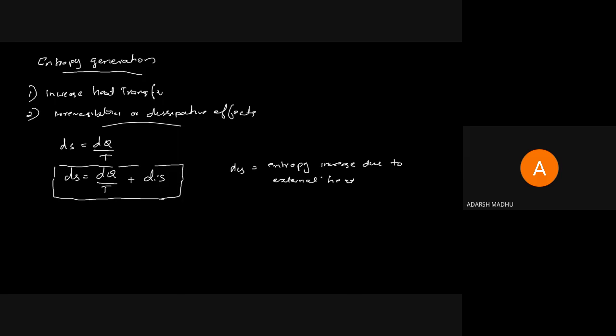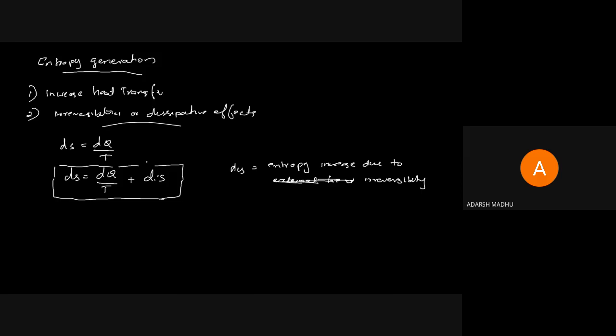Sorry, not external heat generation. dQ by T is the term related to external heat generation. dQ means change in heat transfer divided by absolute temperature. That is the entropy increase due to external heat generation, and plus d_iS, which is the entropy increase due to irreversibility or dissipative effects.